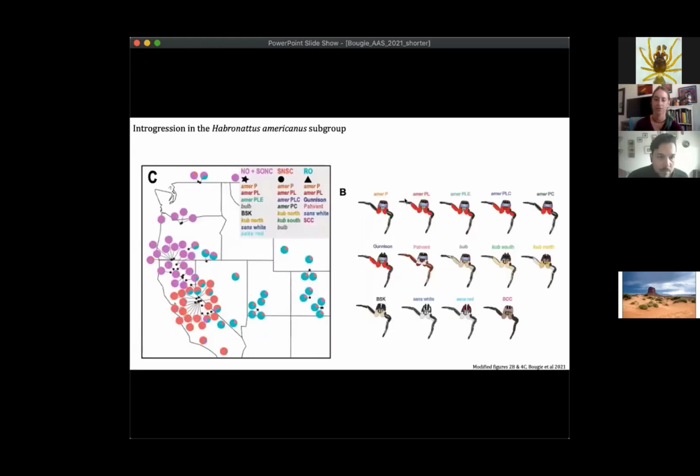We also found considerable morphological diversity. These are all of the different morph types that I could accurately define, and the genomic data only supported three geographically centered clusters. So there are a lot of different morphs and species within each of these genetic clusters, again showing how homogenized the genomes are despite what the males look like.